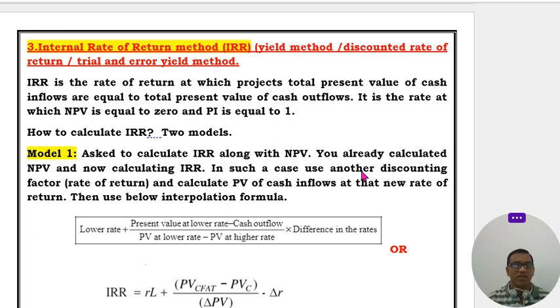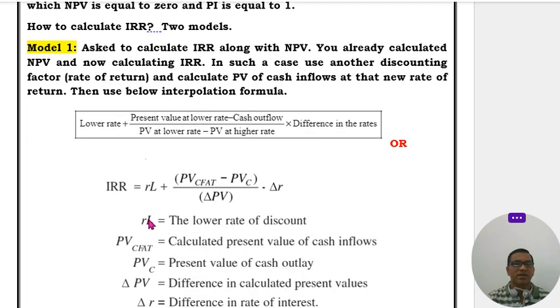If you apply this formula, you will easily get the IRR value. The technical formula in the other way: IRR = RL + (PV CFAT - PVC) / ΔPV × ΔR. Same formula, which I explained in the simple way.